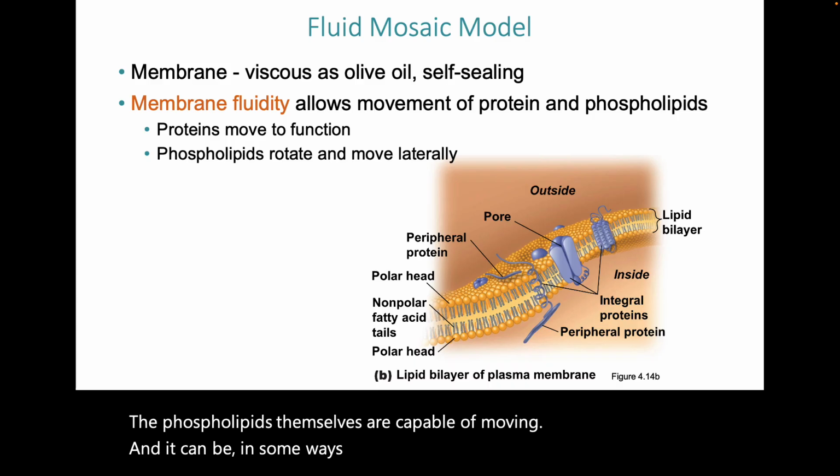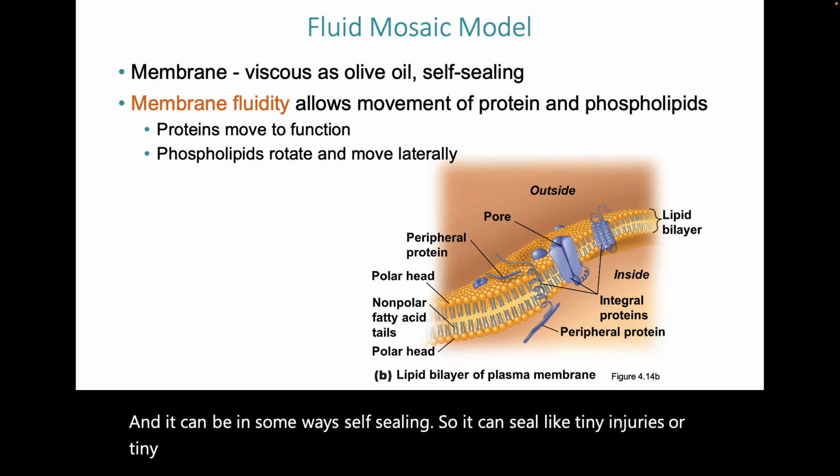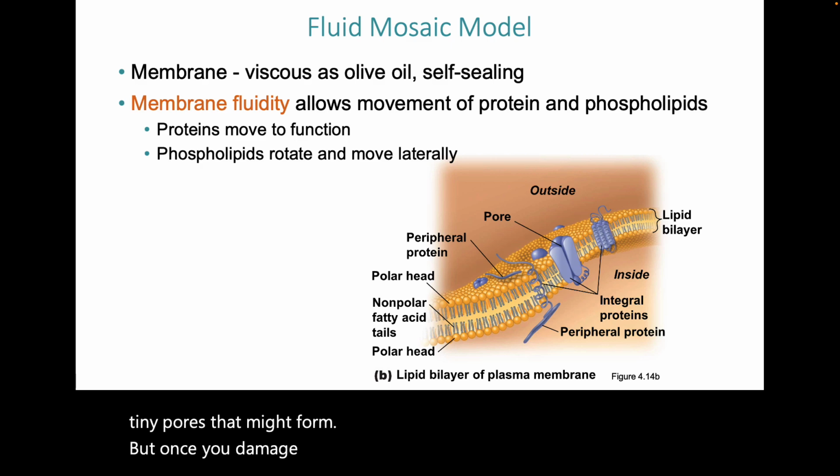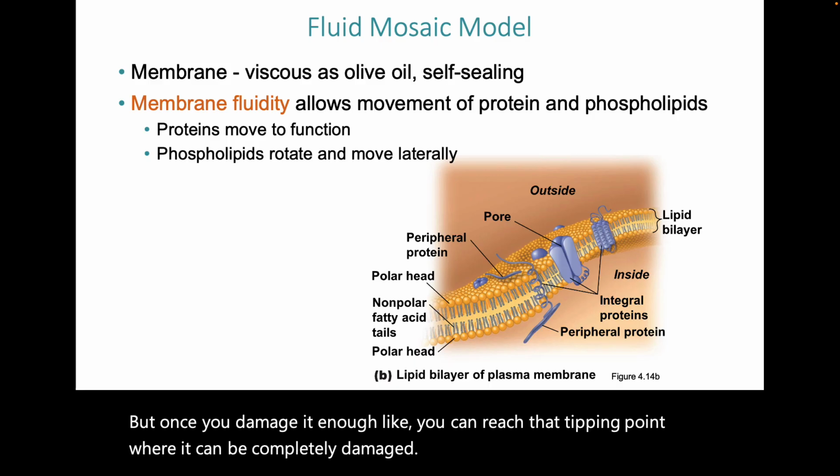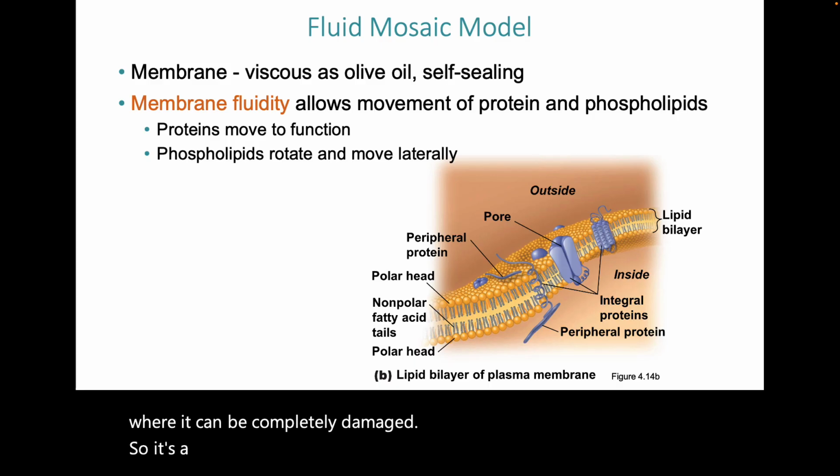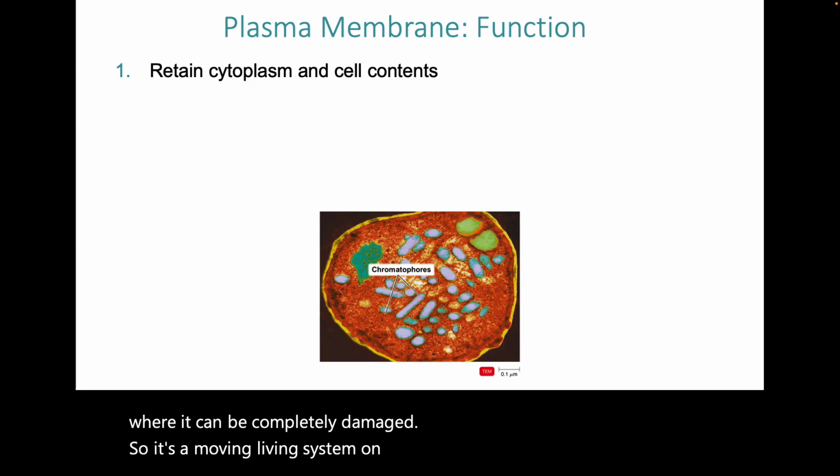So it can seal tiny injuries or tiny pores that might form. But once you damage it enough, you can reach that tipping point where it can be completely damaged. So it's a moving, living system on the surface of these cells.